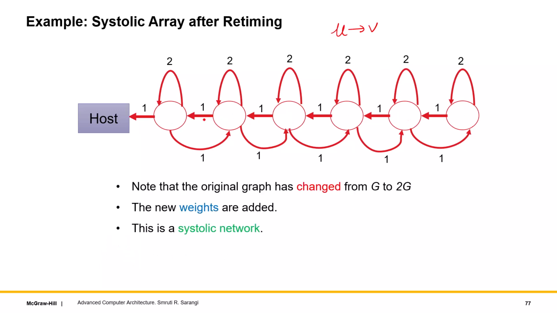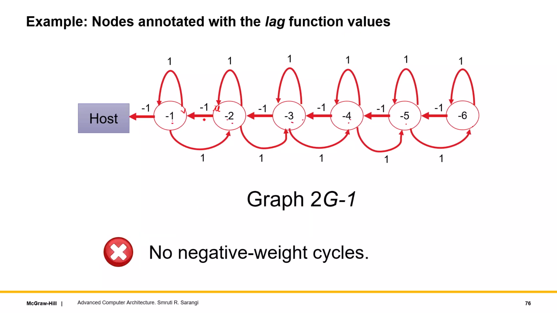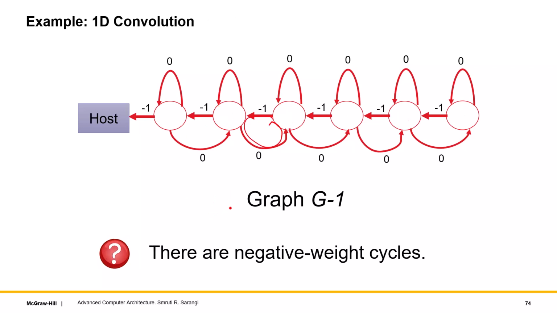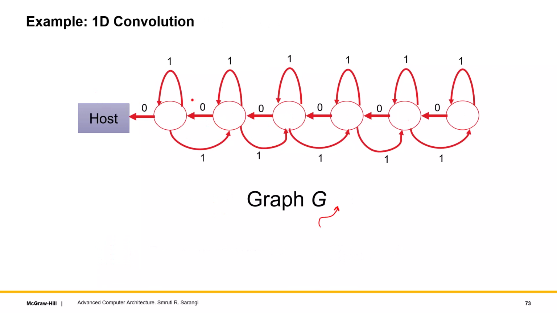So I would annotate them like this. If I consider this u and v, then lag v minus lag u is basically minus 1 minus minus 2, which is equal to plus 1. The old weight of this edge was 0, so the new weight would be 0 plus 1.